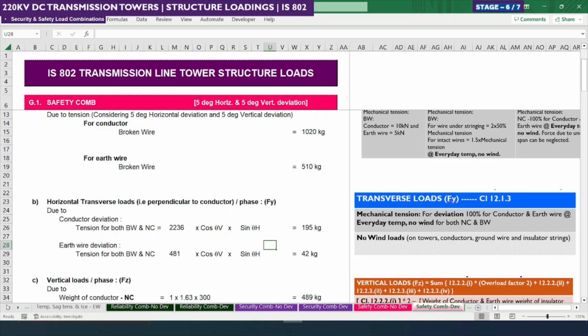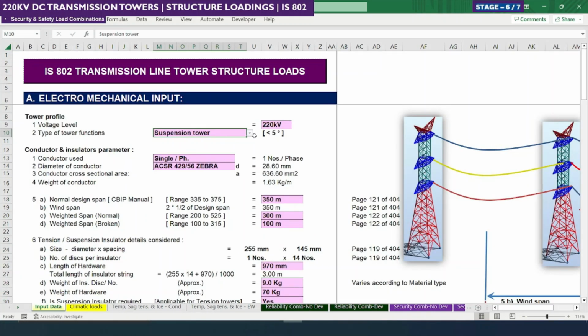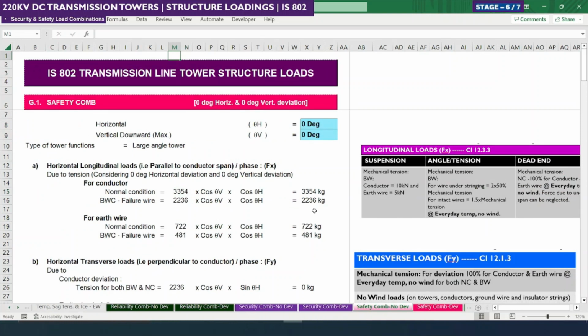But in case of large tension tower, there are significant variations in terms of transverse loads. For example, I can consider 30° for both vertical and horizontal deviation, so that you can see here it is 969 kg, and some longitudinal force gets reduced due to the deviation.